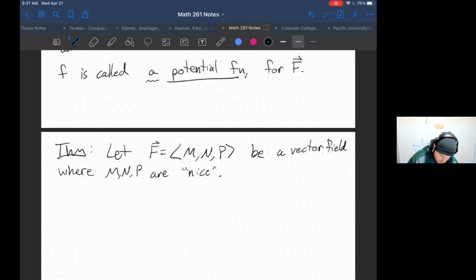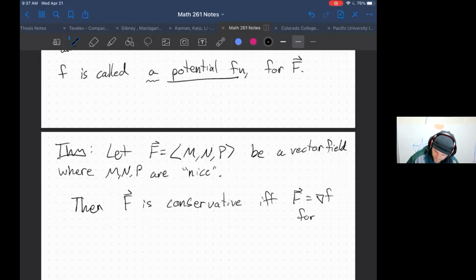This theorem is really what we're going to say: F is conservative if and only if capital F is equal to the gradient of little f for some little f.